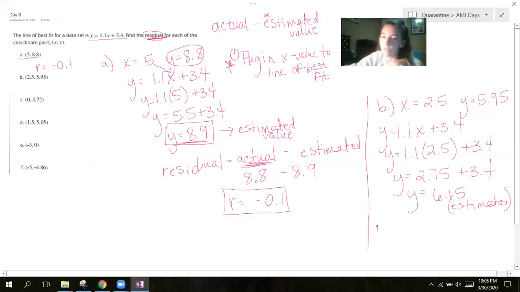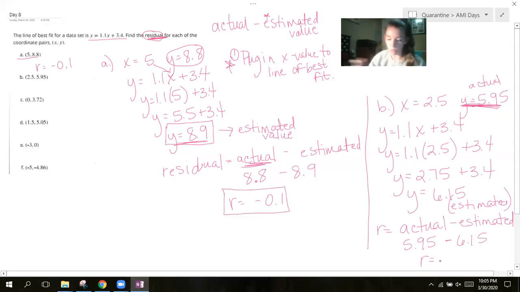Okay, so to find the residual, you're going to take the actual minus the estimated. Again, our original y value that they give us is our actual value. So we have 5.95 minus our estimated, which is 6.15.